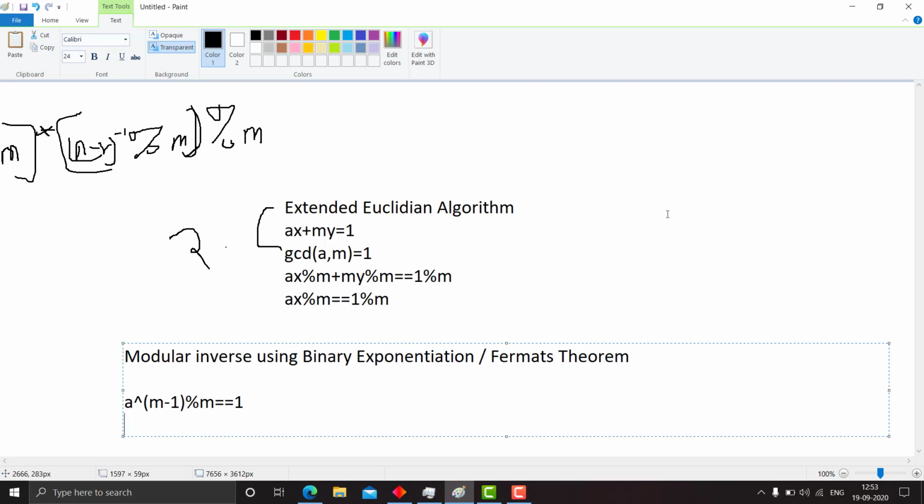Multiply both sides by a inverse. To make things easy, we will assume that m is prime. Otherwise we need to do a lot of things, and we need to compute phi of m, the Euler totient function. But that doesn't happen in competitive programming. Usually m is 10 raised to 9 plus 7 or 998-something, which are both prime numbers.